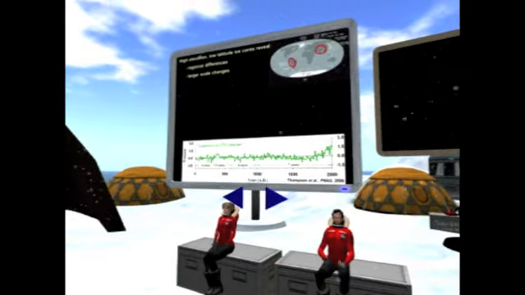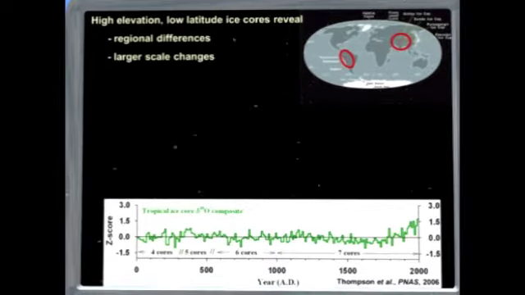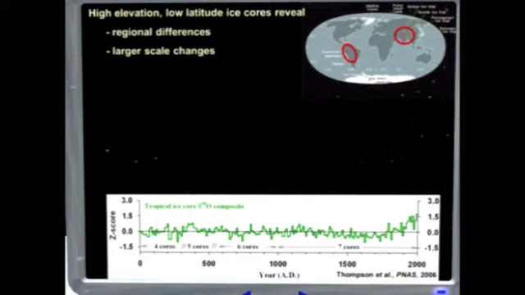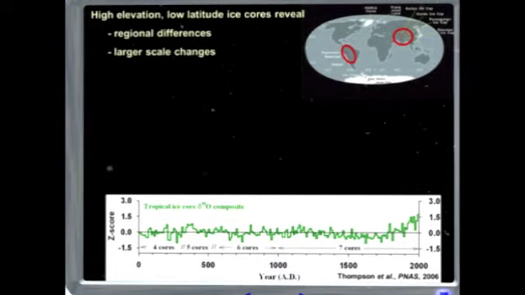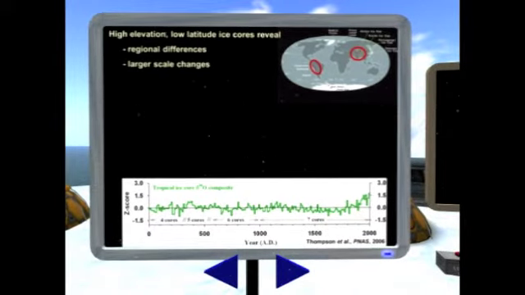Now, in this slide, we're going to show you how we reconstruct the Earth's temperature history using oxygen isotopic ratios that are actually measured from the snow or the ice. So in the upper right, you'll see a map of the world and the 2 red circles. The red circle to the right is over the Tibetan Plateau, where Lonnie and his team have drilled ice cores for the last 25 years.